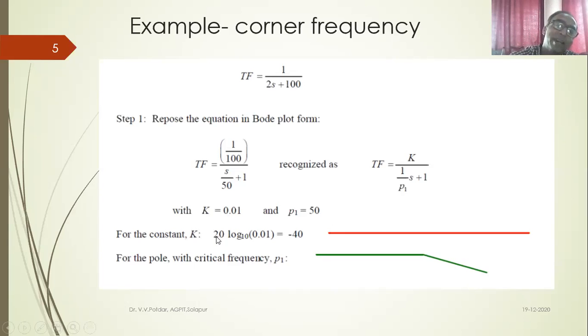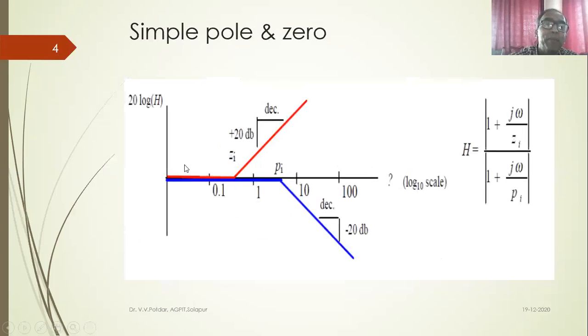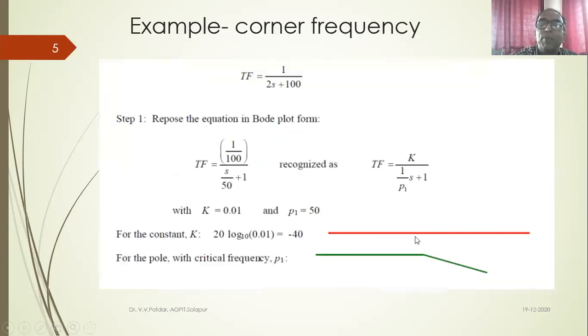So minus 2 into 20 gives me minus 40. So on my graph paper, this is the plus side, this is the minus side, minus 20, minus 40. At minus 40, I draw a straight line. This is the Bode magnitude plot for this constant K term of 0.01. It is 20 log to the base 10 of 0.01, which is minus 40.